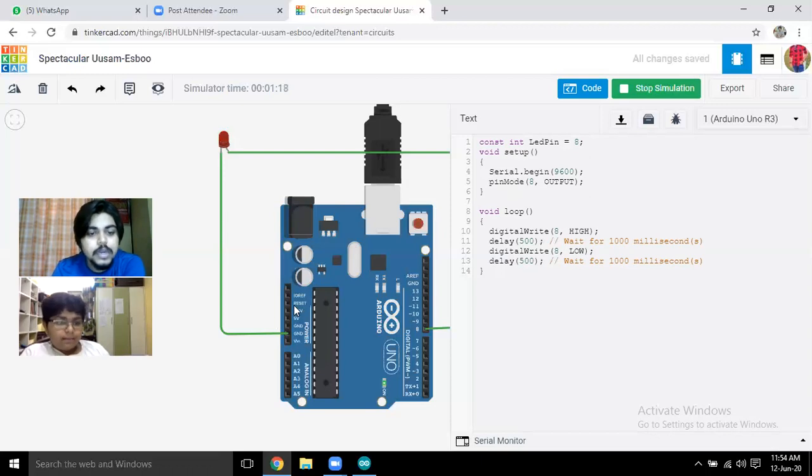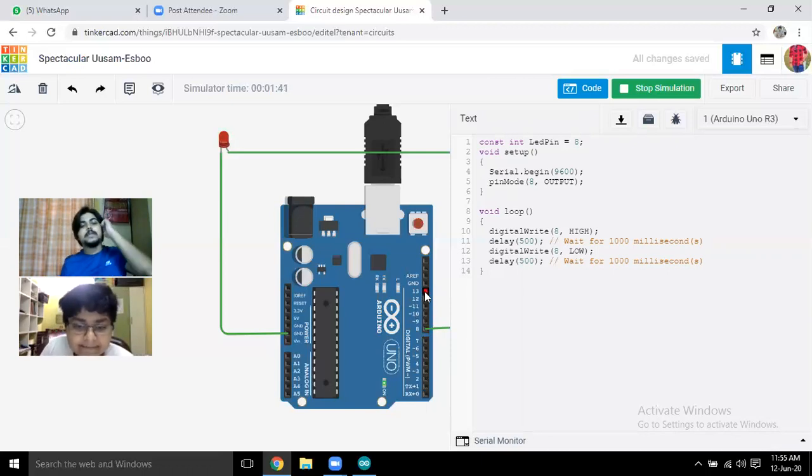Okay, so again, a short recap. This is the power section, which consists of the voltages which the other devices need, and the ground. This is the analog section. We will be connecting sensors to analog pins. Some sensors need analog pins. All these pins are digital pins from 0 to 13.